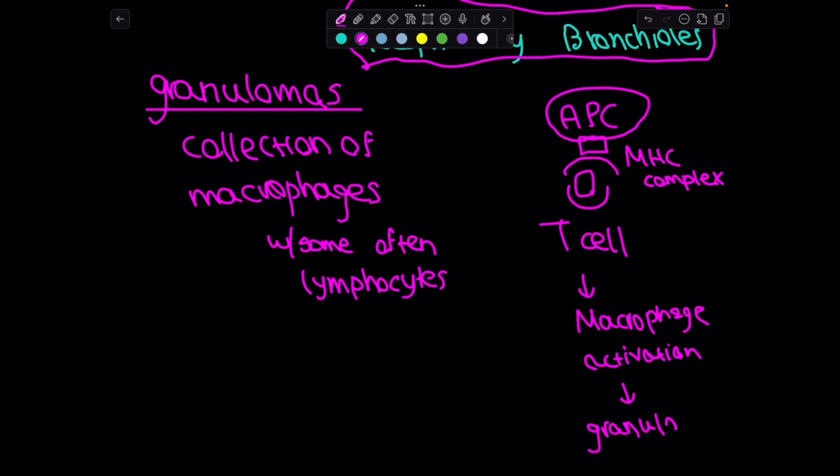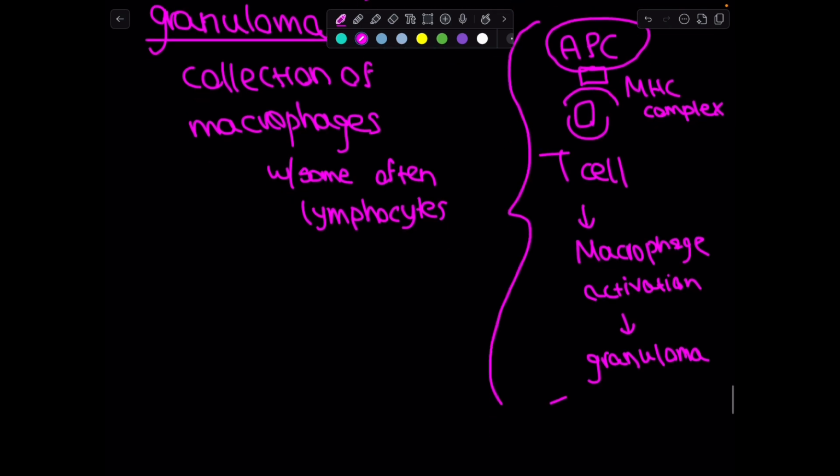This MHC antigen T cell receptor interaction activates T cells, triggering cytokine release, e.g., TNF alpha, IL-2, which recruits more immune cells. And if this happens a lot, basically a granuloma will form because of the scarring will form.